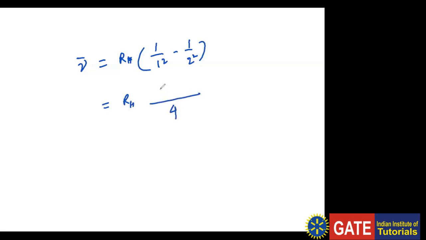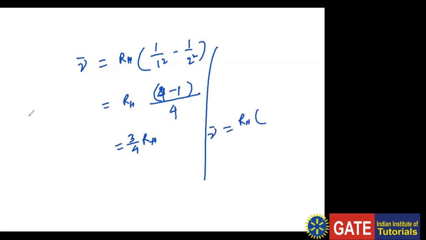See, if I consider nu bar equal to RH times (1 by 1 square minus 1 by 2 square), here n1 is 1 and n2 is 2.